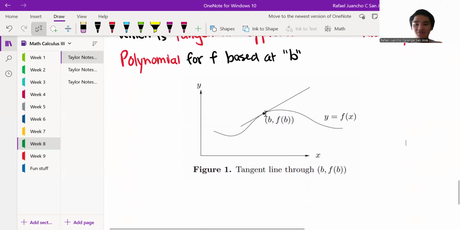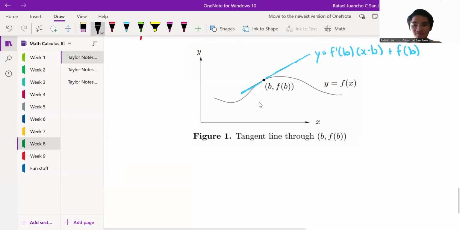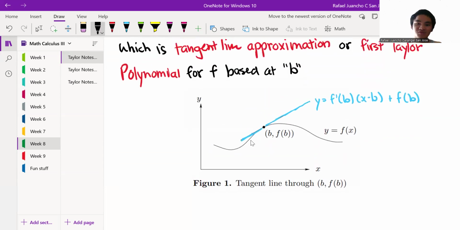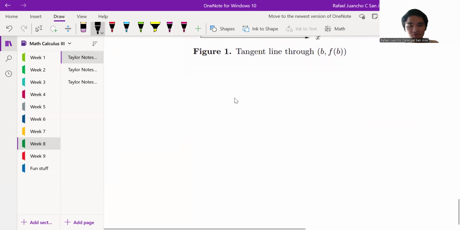And at some point b, this line here is that. That's the equation of that line. Okay, there we go. We plug in some x, we get some y, right? Cool. Okay.